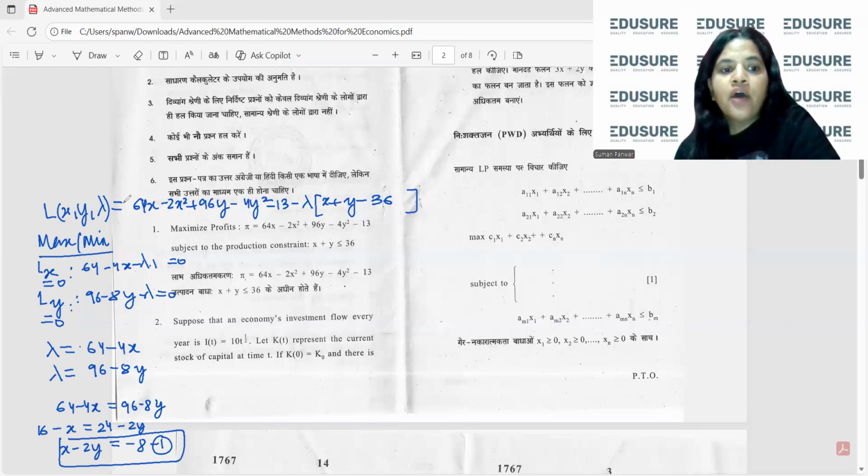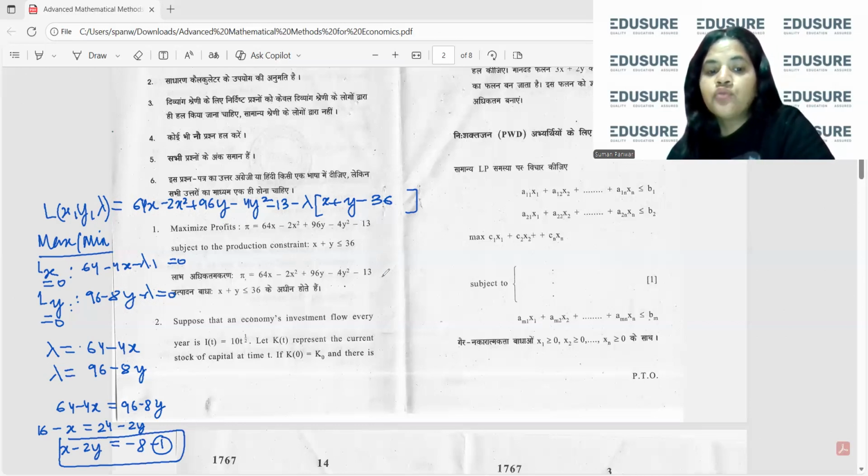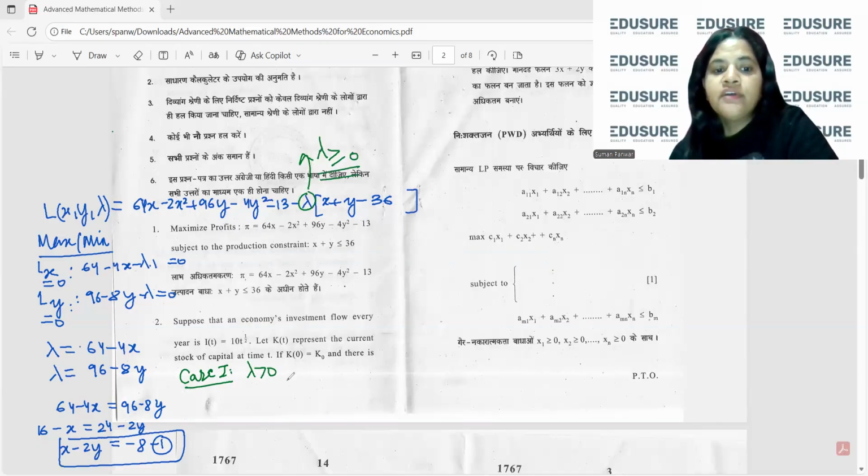All right. Now we have to consider two cases. So what is case 1? Case 1 is lambda is positive. Always remember that lambda is greater than or equal to 0. So if lambda is positive, then x plus y has to be equal to 36.